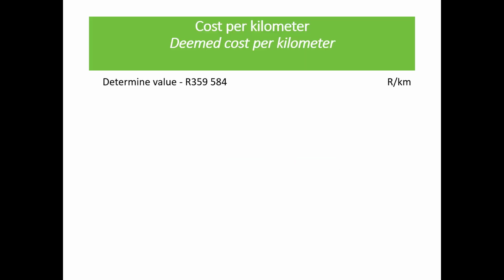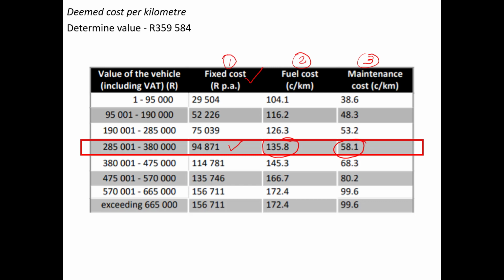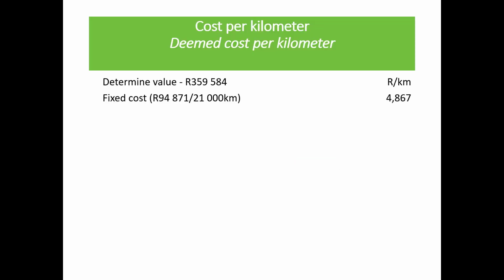Okay. So we have then, if we look at how the cost will be made up, remember we said it's the fixed cost, fuel, as well as maintenance. If we look at the fixed cost according to that table, let me quickly put it on the video for you to look at. It's that 94,871, right? If we look at that amount, we divide it.